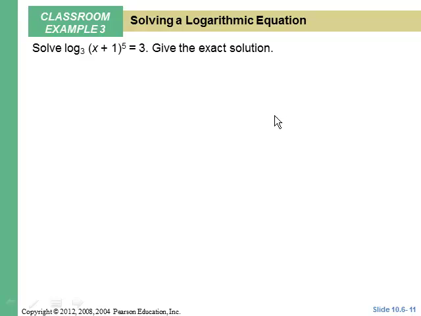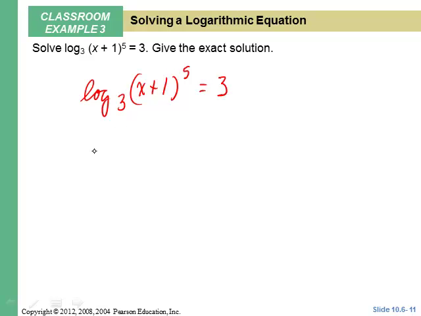So let's look at solving some exponential equations here. Example 3. So we would have log base 3 of (x plus 1) to the 5th is 3.